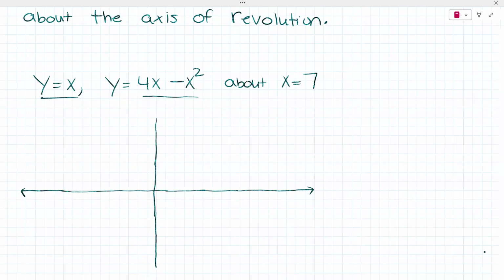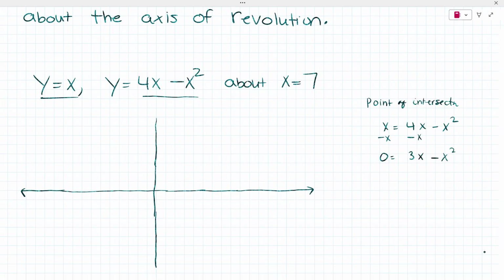So let's see here. Maybe we should find the point of intersection. I think that would be helpful. So basically you set the equations equal to each other. And then let's get one side 0, so subtract x, subtract x. So 0 equals 4x minus 1x is 3x minus x squared.